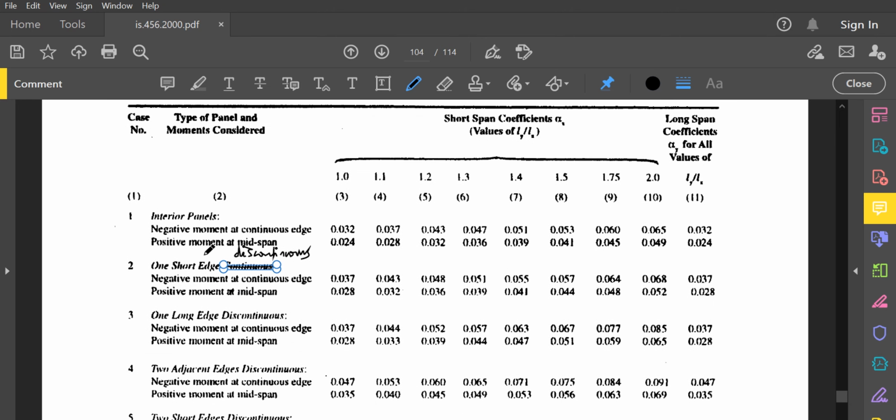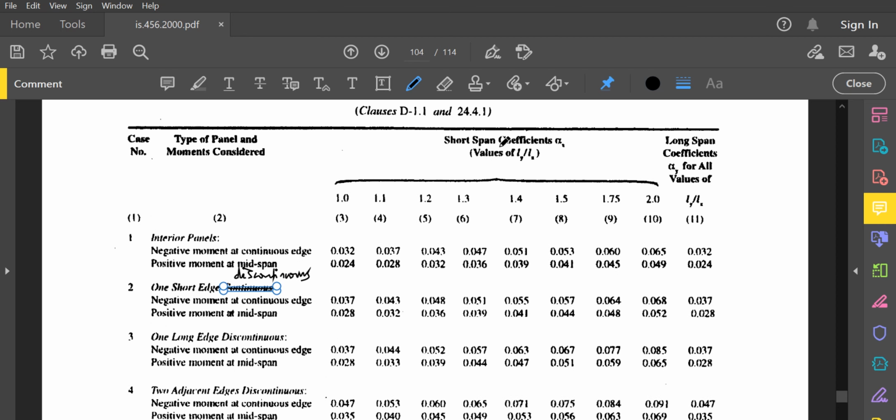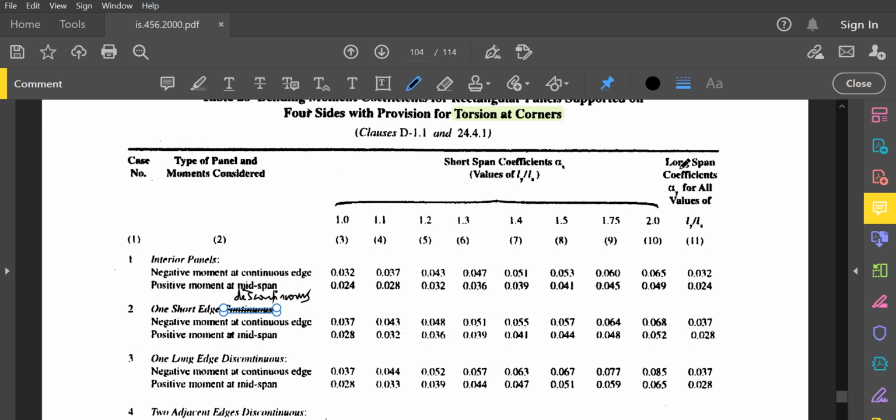Now this is an interior panel. Since this is an interior panel, the value depends on the Ly by Lx ratio. We can see the value for alpha x depends on the Ly by Lx ratio, and the value of alpha y also depends on the Ly by Lx ratio. You could see two values: negative moment at the continuous edge and positive moment at the midspan. This we have discussed.